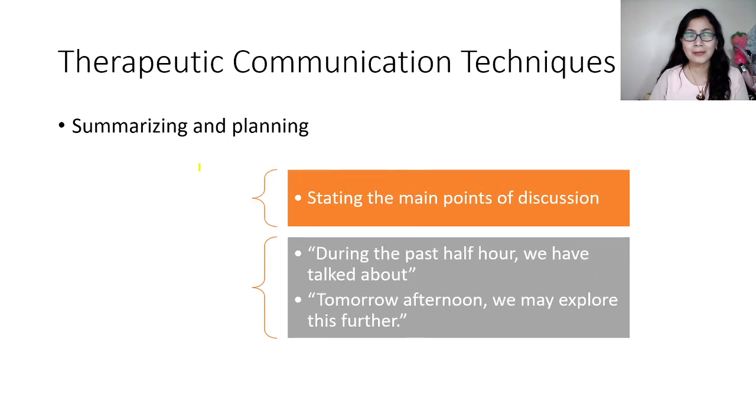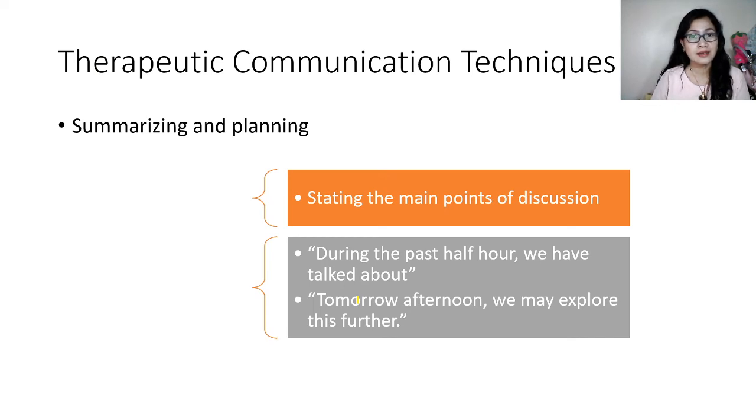Another is to summarize and plan. Here you start talking about the main points. When you summarize, you put all the information together, and then you can also ask the client for any clarification. Then proceed to the planning, which is stated in this example.